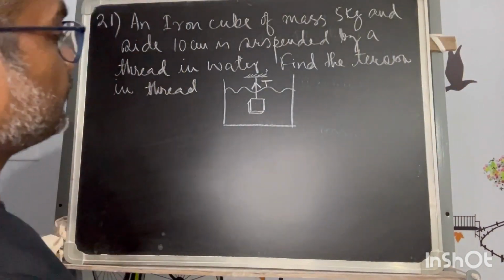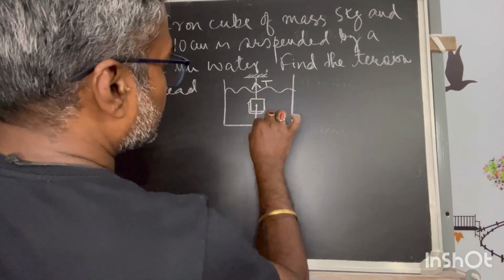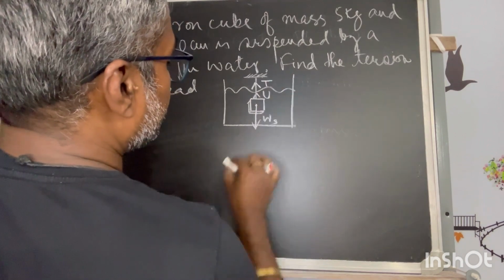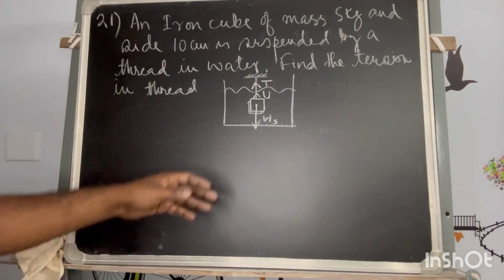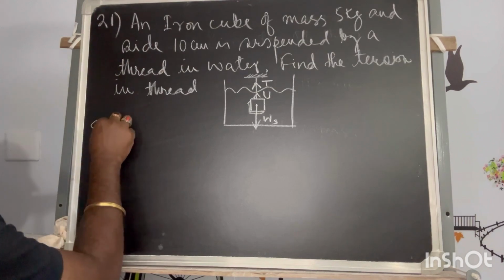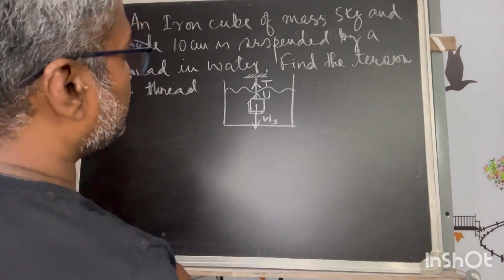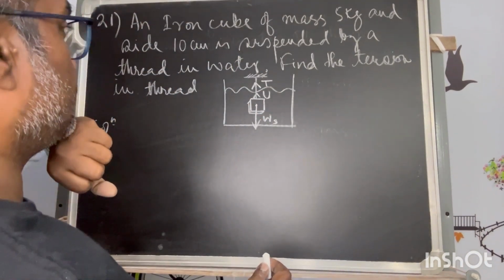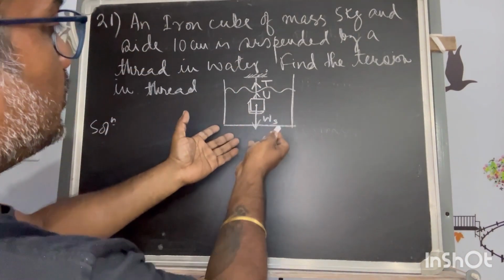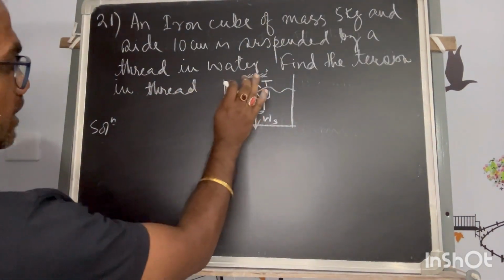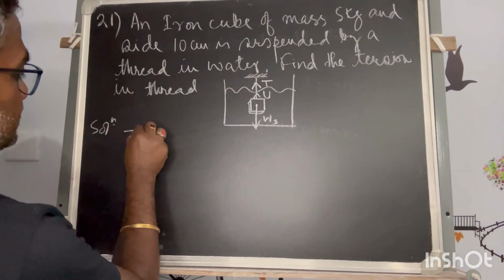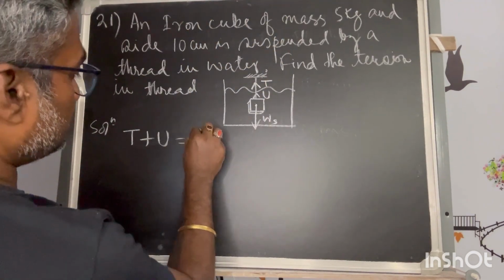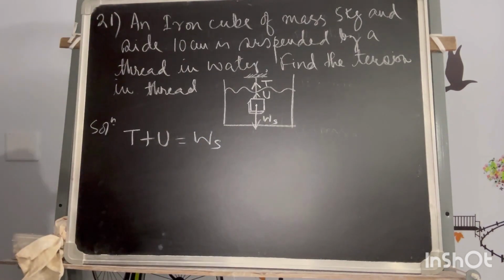So what are the forces acting on this? The body weight, this is the weight of the solid, and the upthrust acting on the body. This is in perfect equilibrium, unless the string itself breaks, or the body itself moves up with an additional force. So the tension plus the upthrust, which are acting upward, must be equal to the weight of the solid.